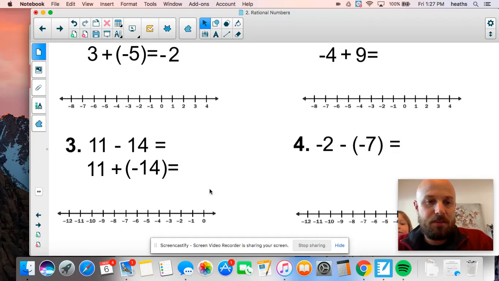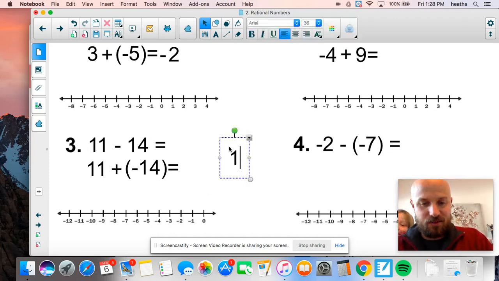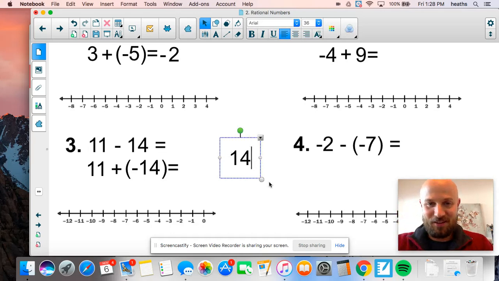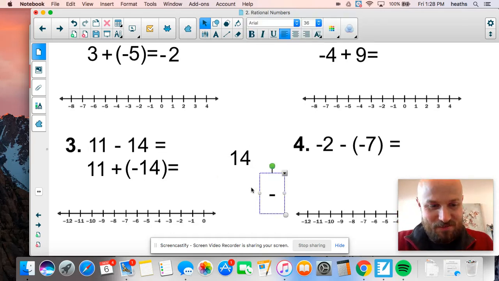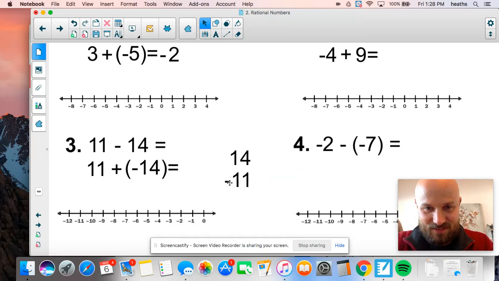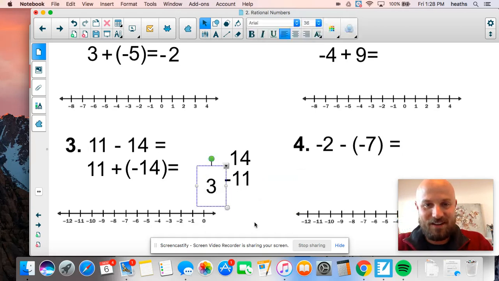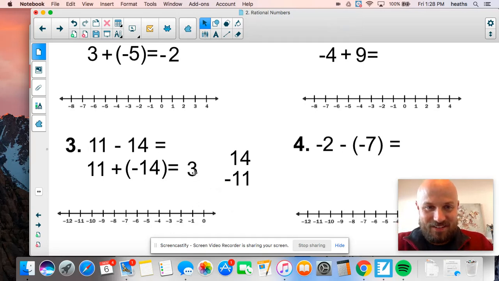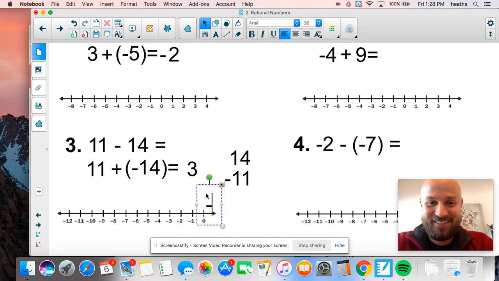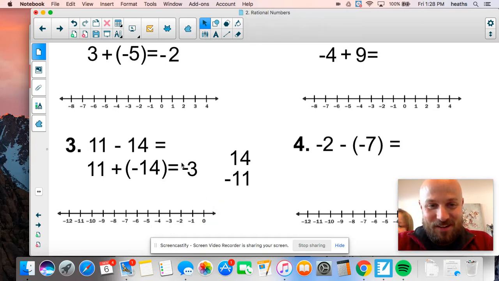We have one positive number, one negative number, so they're different signs, so we're going to subtract absolute values. 14 minus 11 is going to be 3. And then we know that 14 is larger than 11, so it's going to be negative.